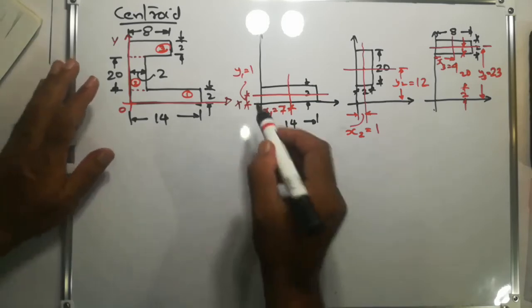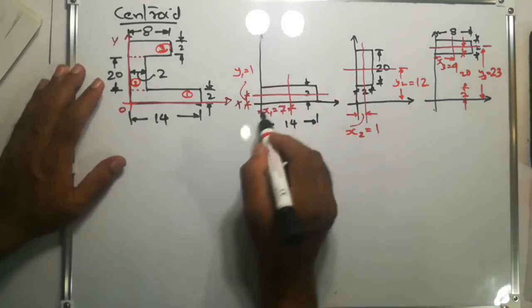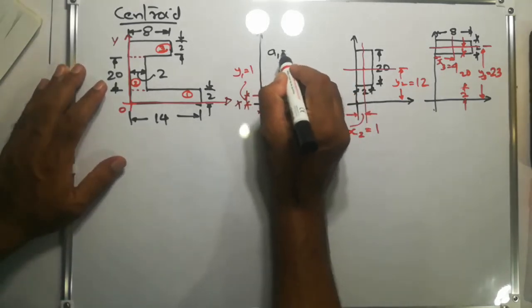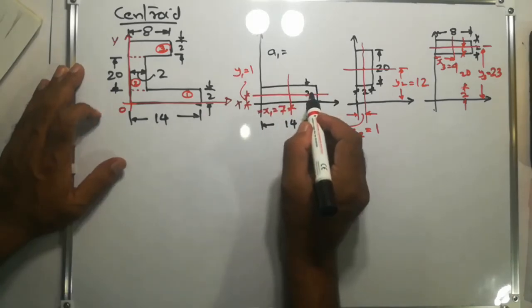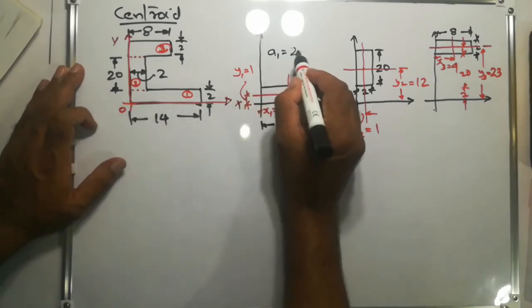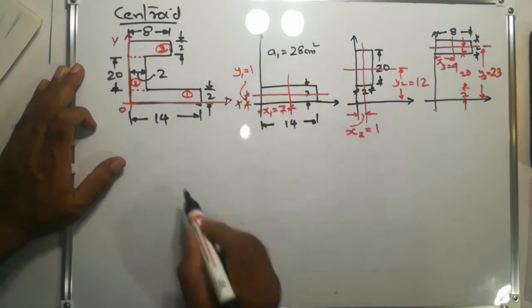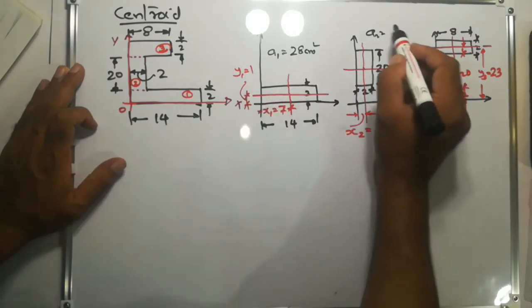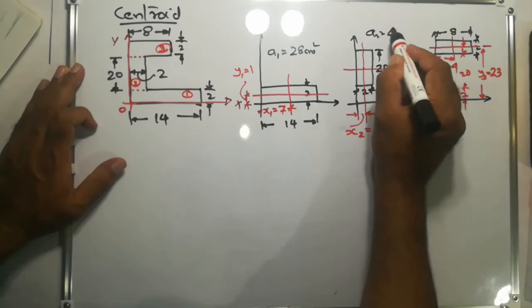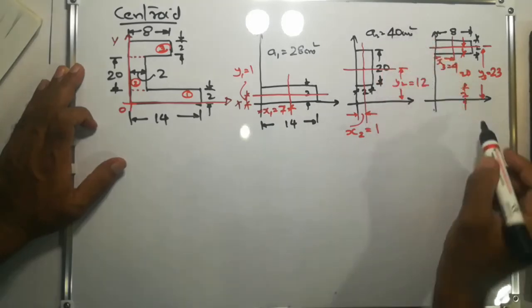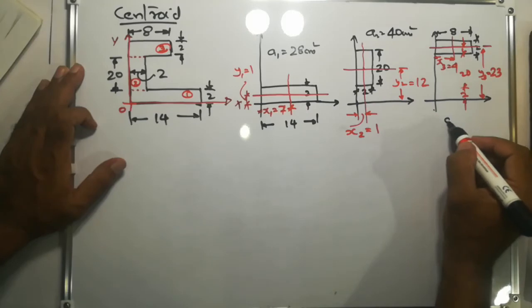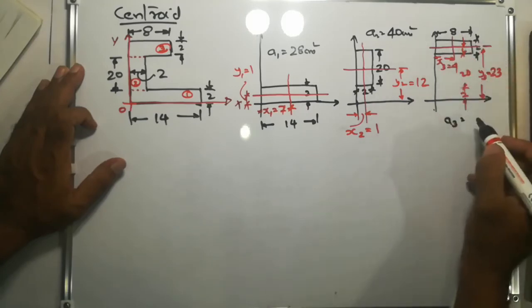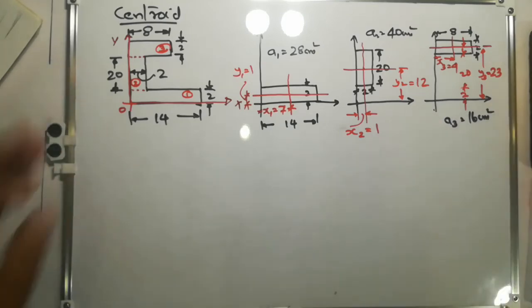Then for the area, A1 equal to 2 into 14 equal to 28 centimeter square. A2 equal to 2 into 20 equal to 40 centimeter square, and area A3 equal to 8 into 2 is equal to 16 centimeter square.